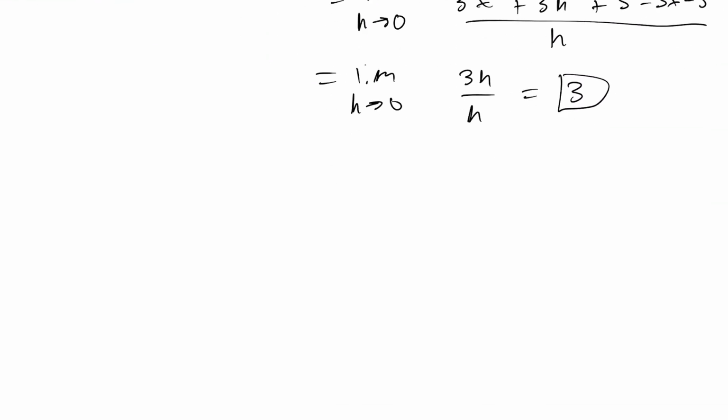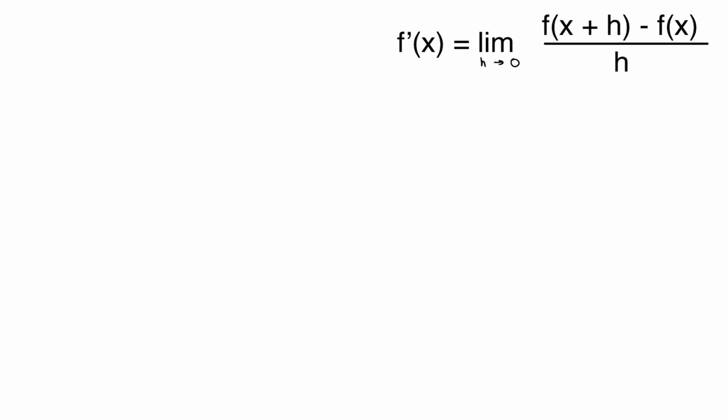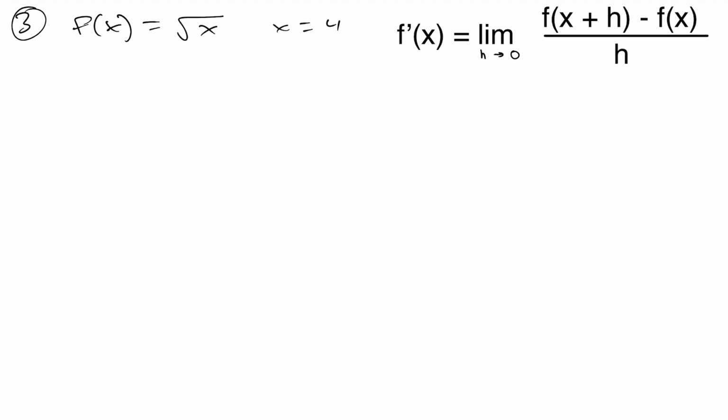Let's try one last problem together. Let's say I told you to find the derivative of f(x) = the square root of x when x is equal to 4. With that in mind, once again, let's plug it into our equation.